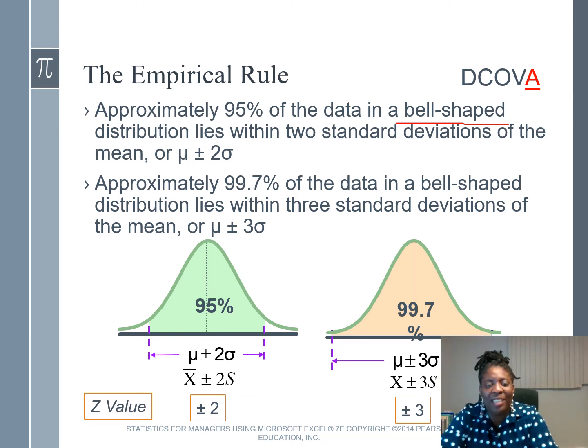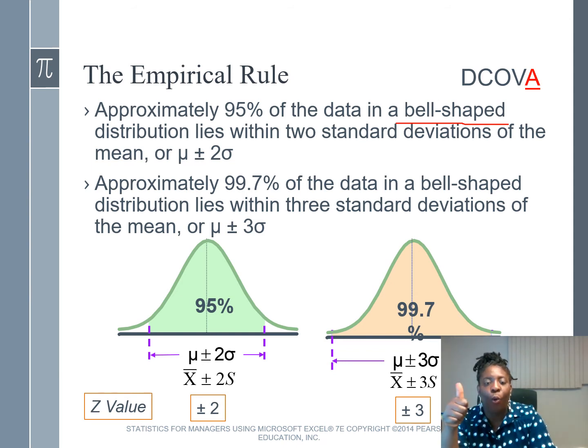So when we use the z-value of plus or minus 3 to designate outliers, what we are implicitly saying is that 0.3% of population data will be beyond that and considered outliers, but 99.7% of population data will not be considered outliers.